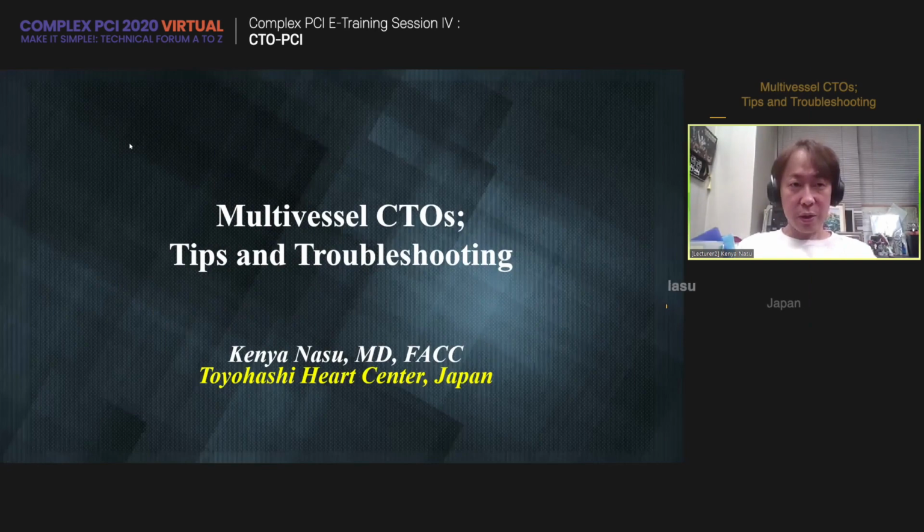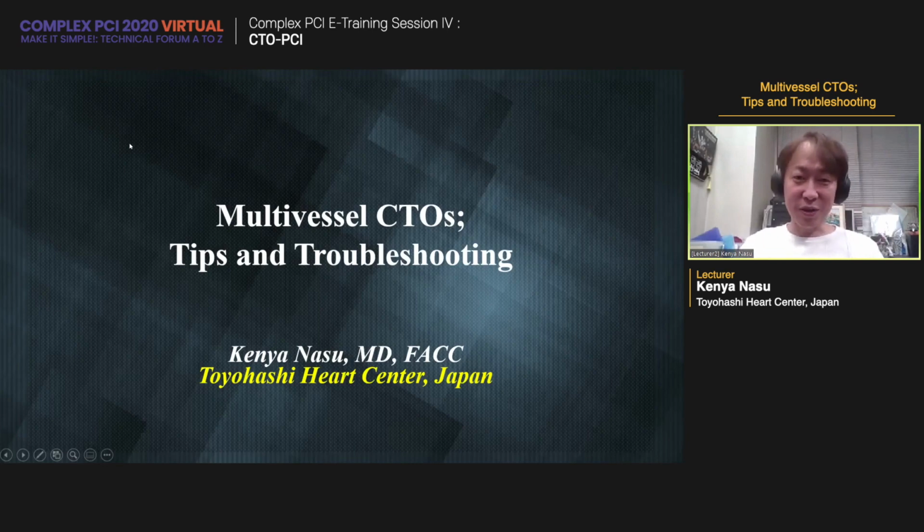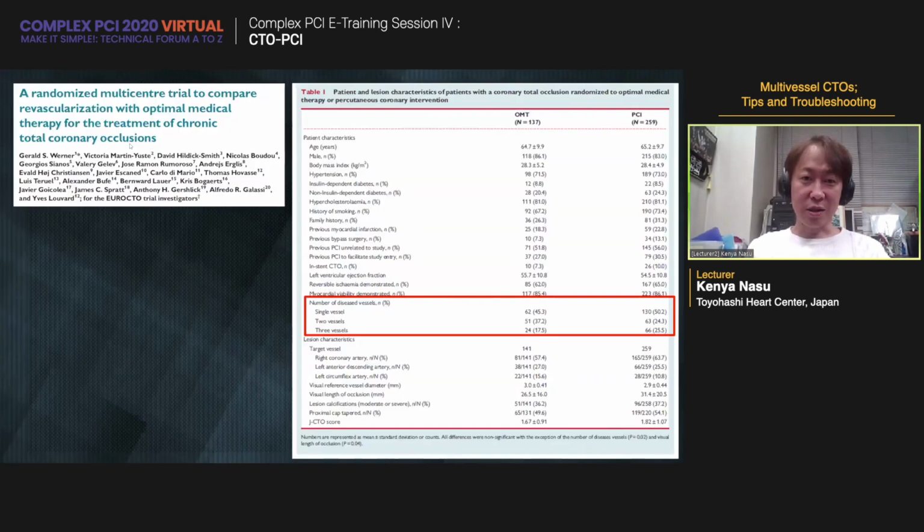This topic is a little bit specific, because when we meet a double or triple CTO, we usually recommend the patient receive CABG in daily practice. So I checked some manuscripts, such as the data from Euro CTO. Usually in manuscripts regarding CTO interventions, the number of diseased vessels is described.